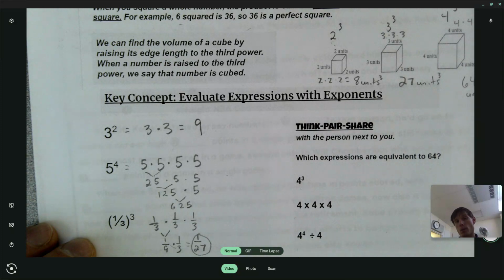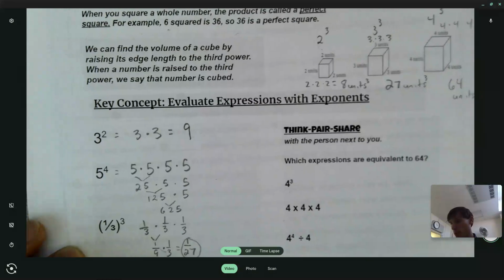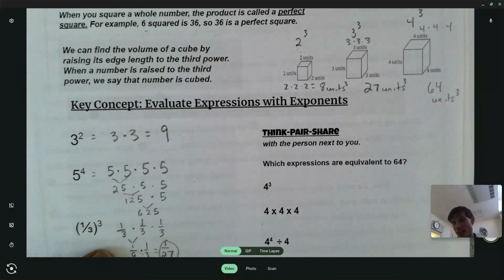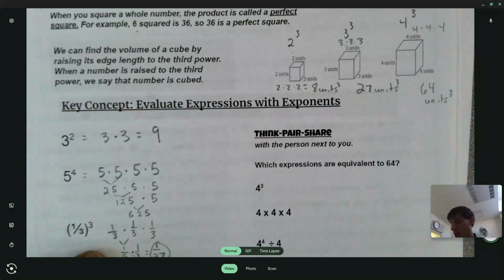Take about 20 seconds or so to figure out which of those are equal to 64. If you need to pause it to give people time to talk, that's okay.